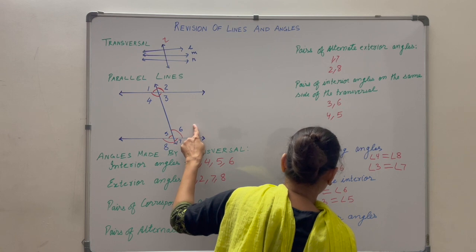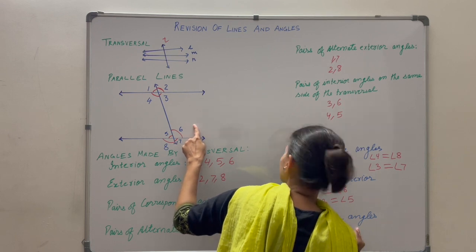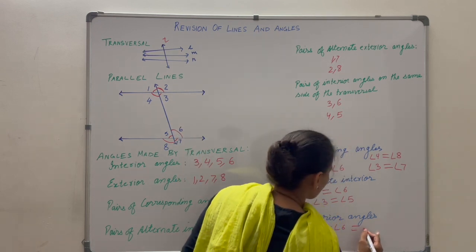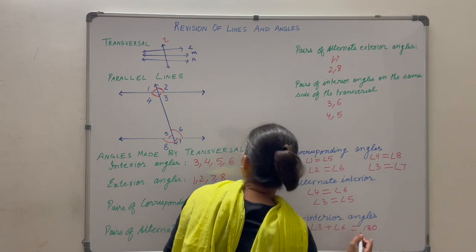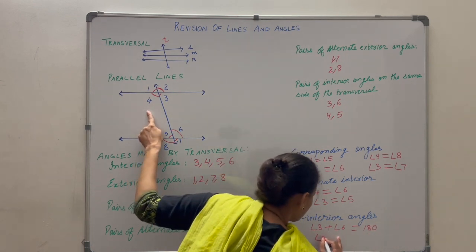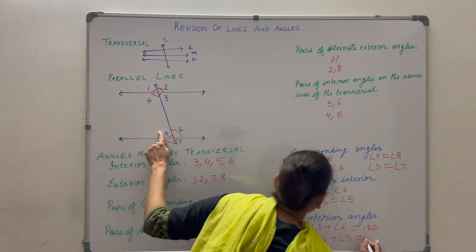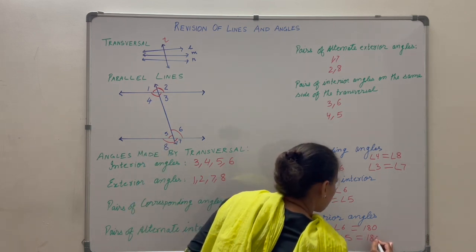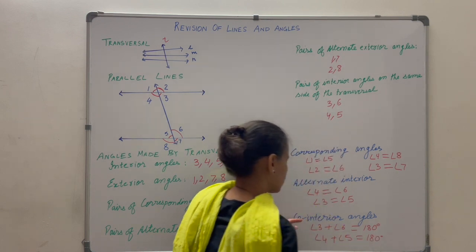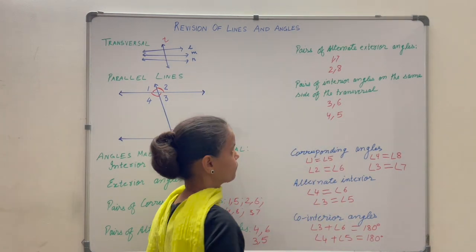So here angle 3 plus angle 6 add up to 180 degrees, and angle 4 plus angle 5 add up to 180 degrees. You can say co-interior angles also.